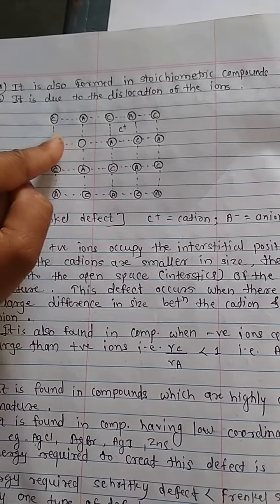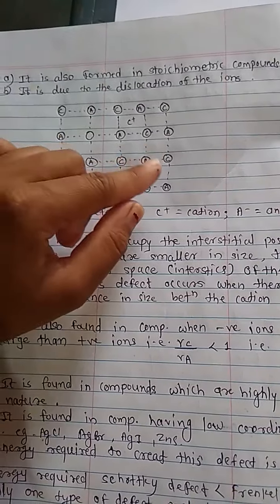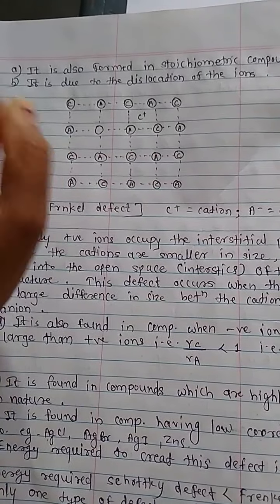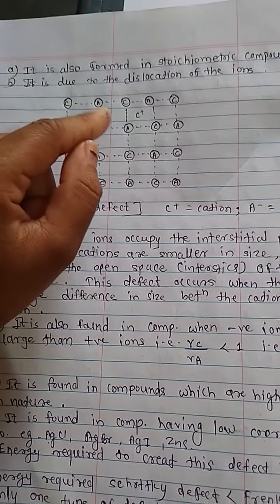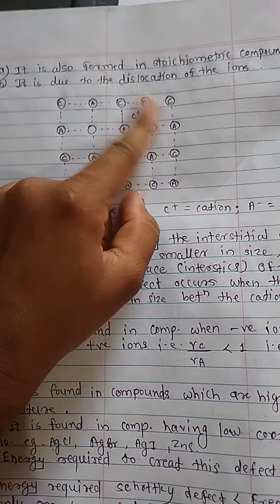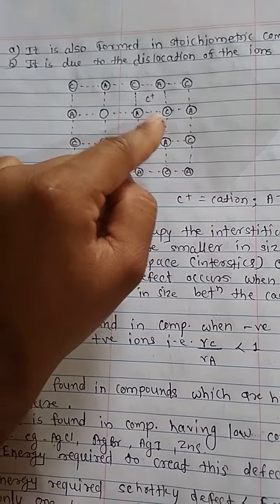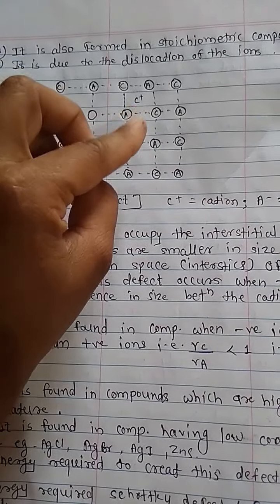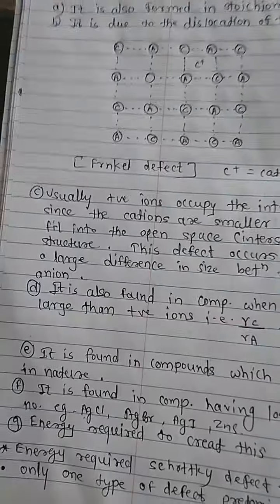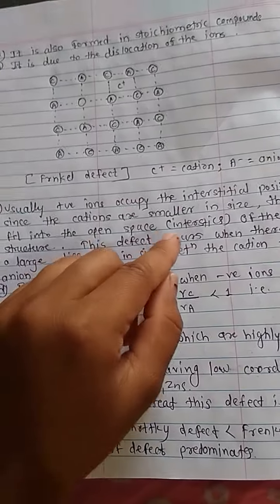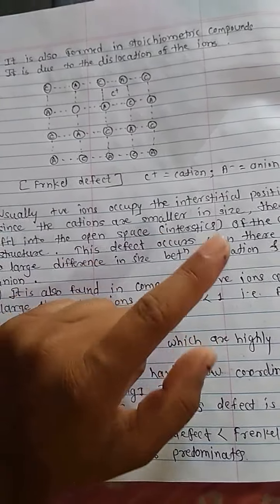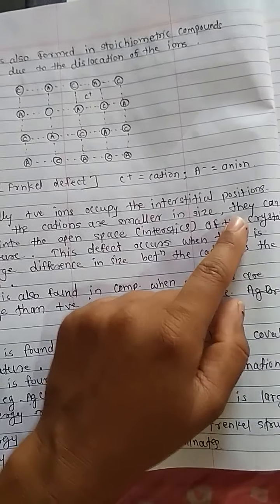Their figure is represented as cation, anion. In this, the cation is absent; it is dislocated into an available space, because the cation size is very small and it fits within this space. This positive ion occupies an interstitial position.